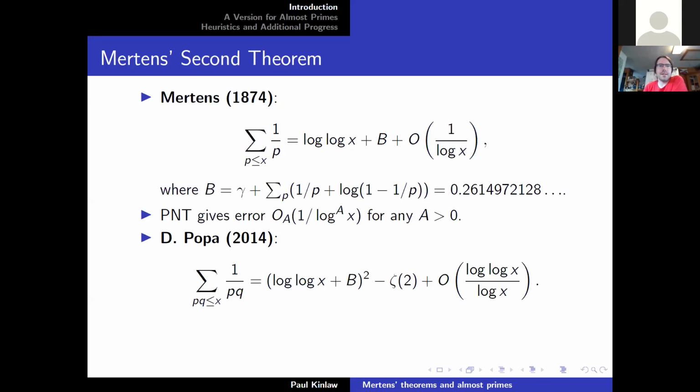In 2014, Dumitru Popa proved a similar estimate, but it was a sum over primes p times q less than or equal to x of the reciprocal of p times q, instead of just p. So it's the square of double log x plus B minus zeta of 2, plus an error term that, like the one in Mertens' theorem, has limit 0 as x tends to infinity.